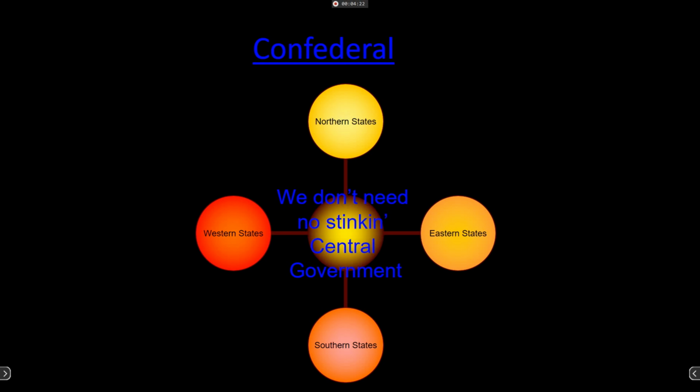Quite often, their main link is going to be mutual support of each other in terms of military, so mutual protection. And that is typically where governments spread their power.